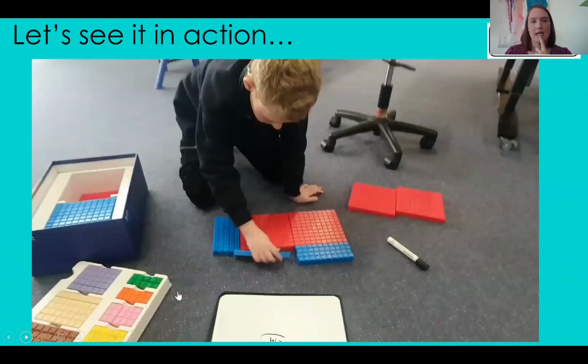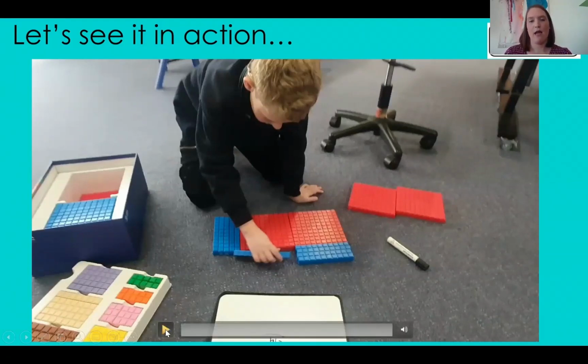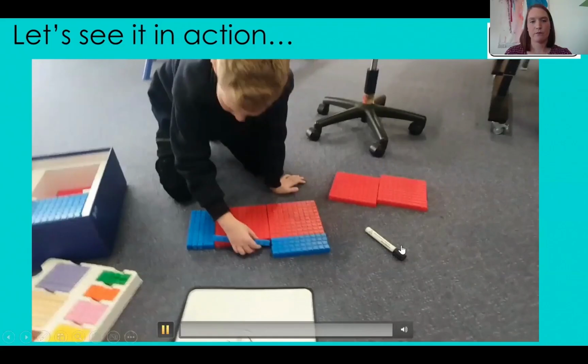And then this one here, so this is that young man again. He's using the student kits and solving for a multiplication. Again, doesn't require too many adjustments.